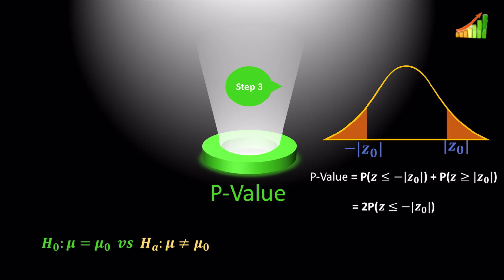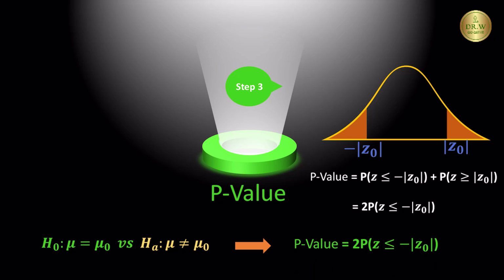We can write this down as 2 times probability z less than or equal to negative absolute value of z naught. That means if z naught is positive, then you can find the probability z less than or equal to negative z naught, 2 times that number.